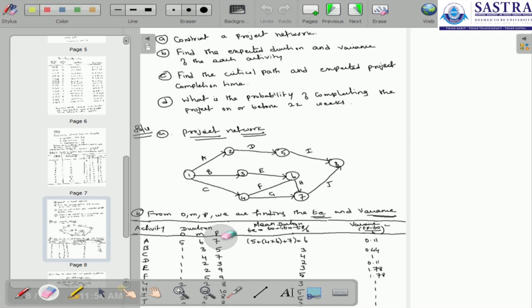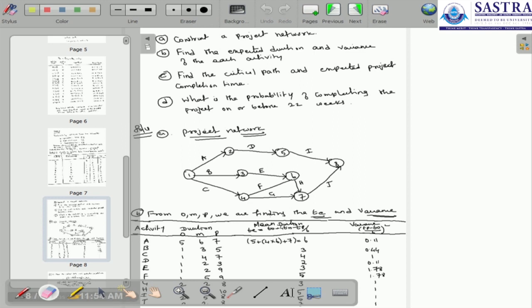In the same way we calculate the mean durations of all the activities. Here the second one is 3 and 4 and 2 and 3, 5. For G it is 3 and H is 3, and finally J is 3.